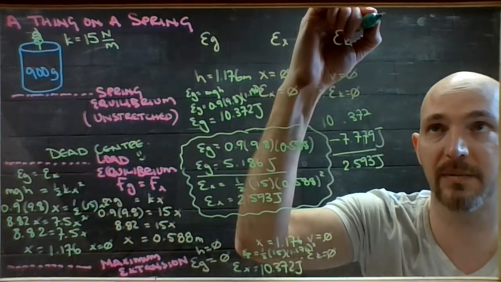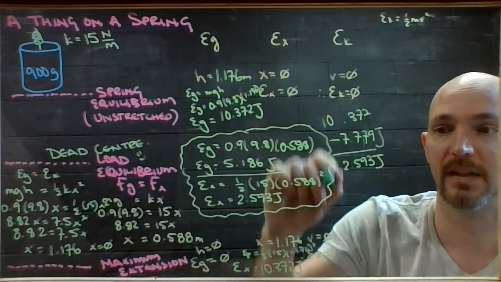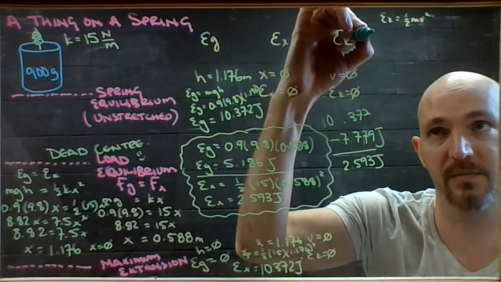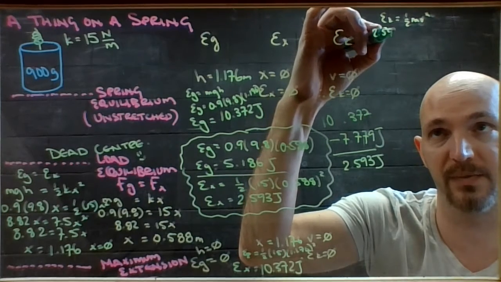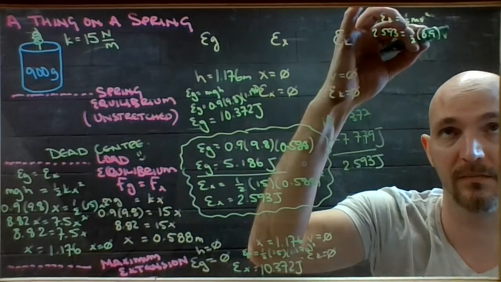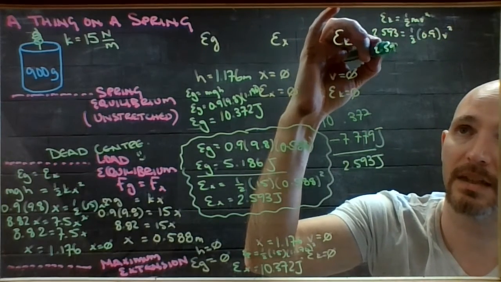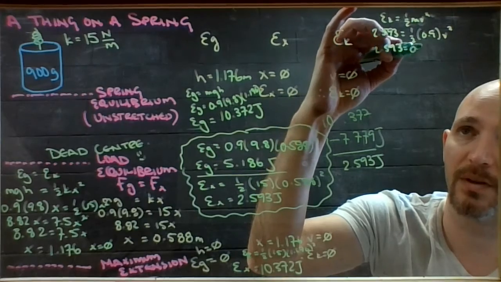So if I go up and I calculate kinetic energy, 1/2 mv squared, and I give this object 2.593 joules worth of energy, half of 0.9 is 0.45.